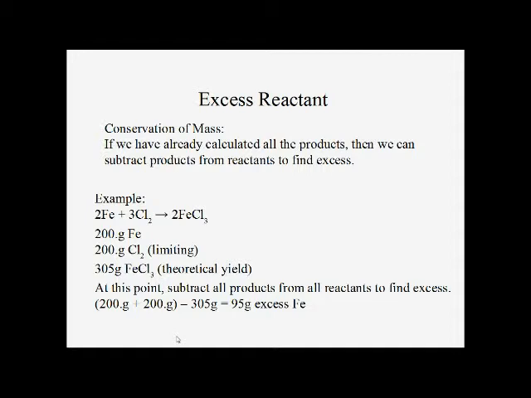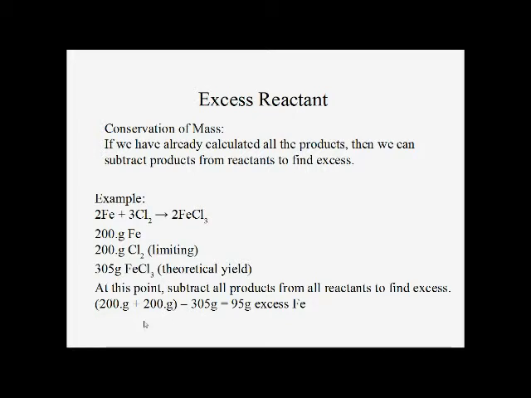The other method is based on conservation of mass, and it works best when we have two reactants and one product. After we get our theoretical yield of the product, 305 grams, we subtract that from the initial mass of all the reactants.